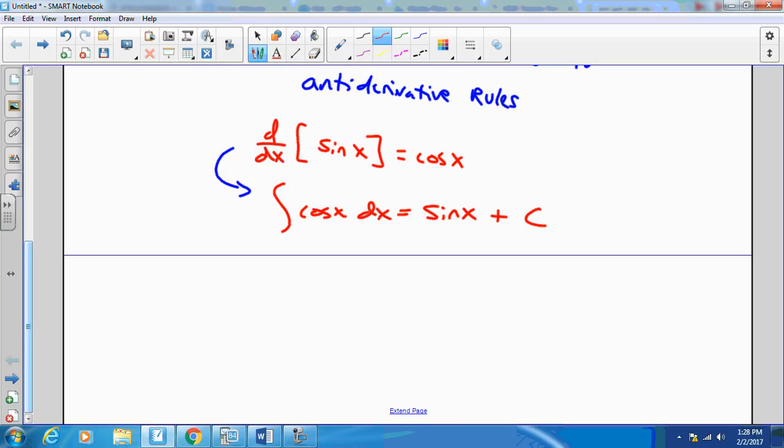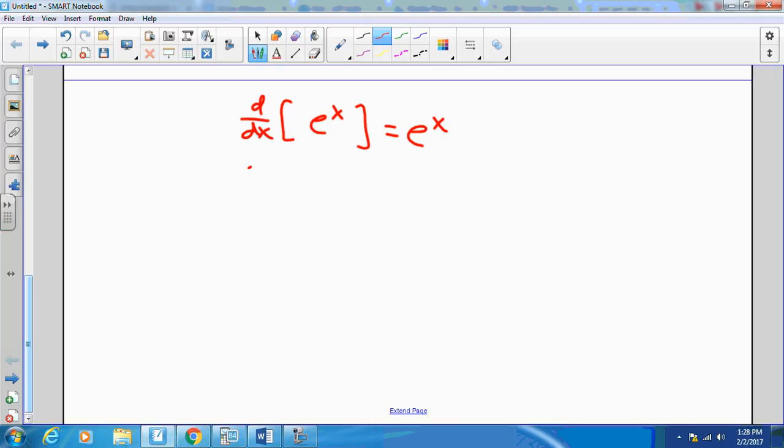Okay. Let's do another one here. Because I know that the derivative of e to the x is equal to e to the x, therefore the antiderivative of e to the x dx is going to be equal to e to the x plus c. I'd like for you to do a couple for yourself. Go ahead and create two antiderivative rules for yourself based on derivative rules. Go.